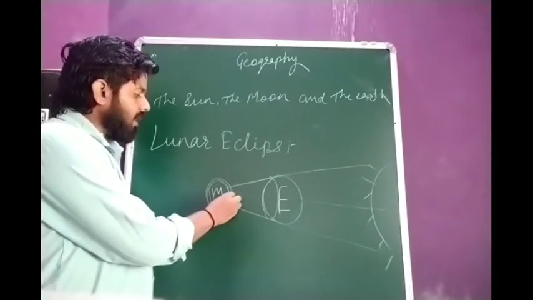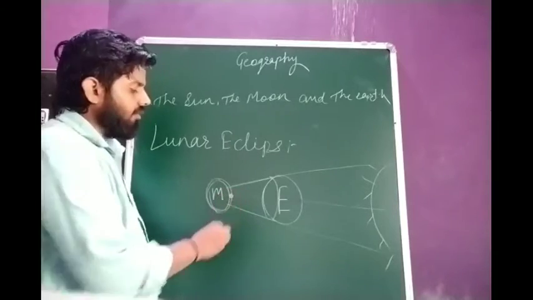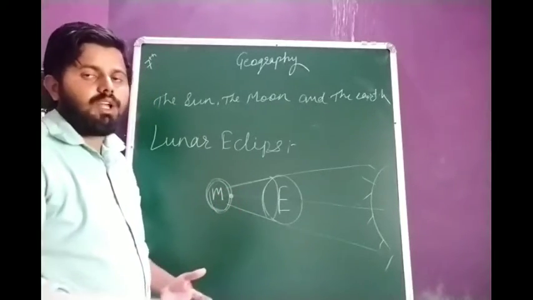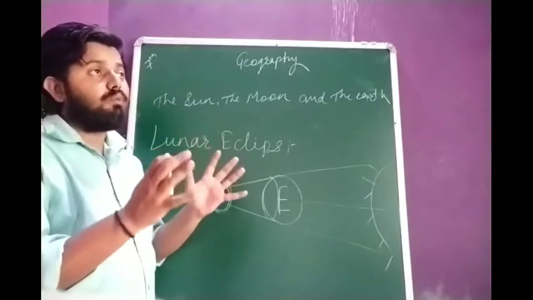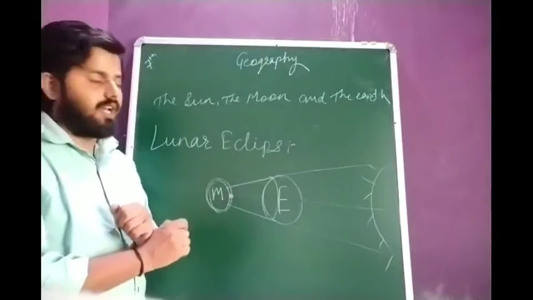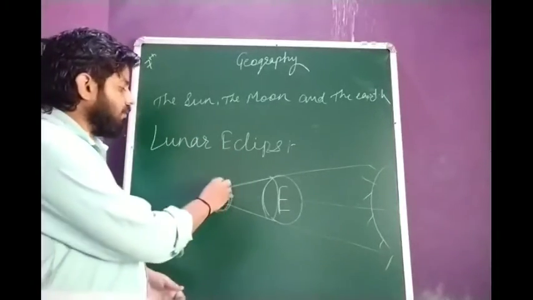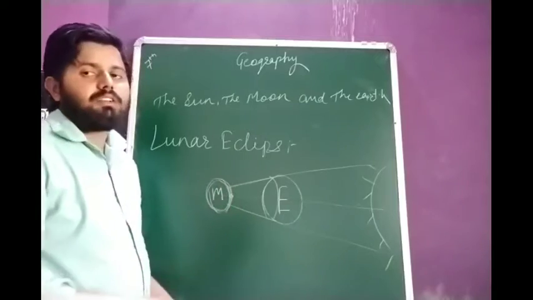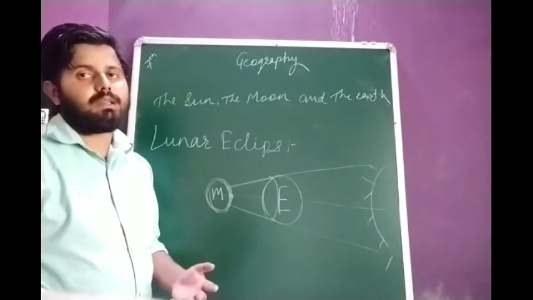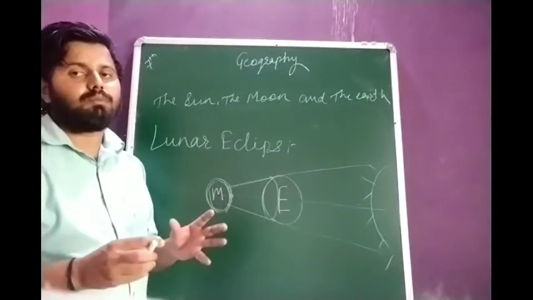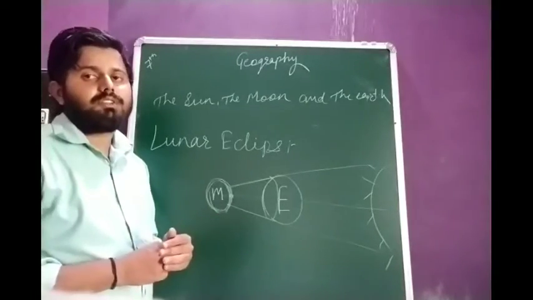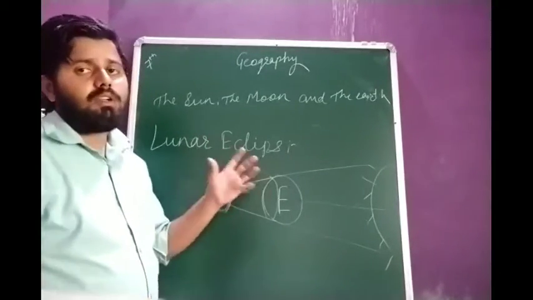The darker side on the earth will face the total lunar eclipse, that means the full moon is hidden behind the shadow, and the remaining part will face the partial lunar eclipse, that means a part of the moon is hidden behind the shadow. So that's all about the lunar eclipse.